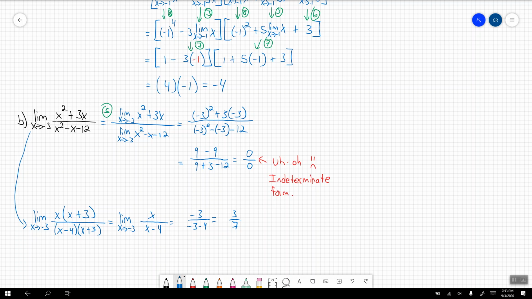So the moral of the story here is, if you can factor and simplify before we start applying these limits, do it. You will find it a whole lot easier to evaluate these limits.